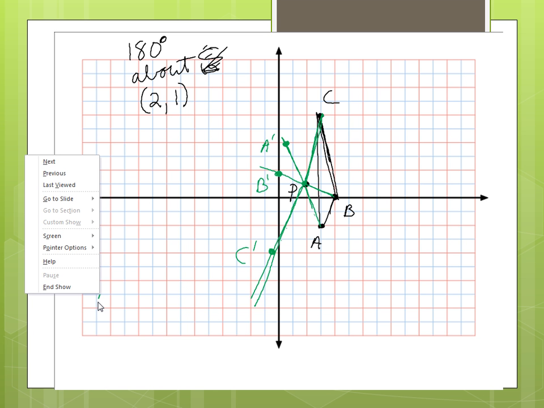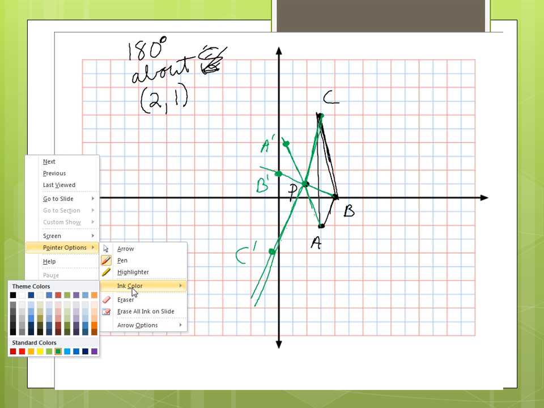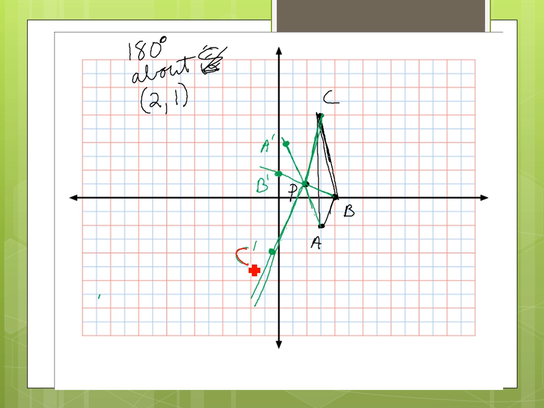Let's change the colors here. Let's go to red. So we've got C prime, it's right there. B prime, it's right here. A prime, it's right there. We connect them. Should get about the same shape. Well, it doesn't look too good.